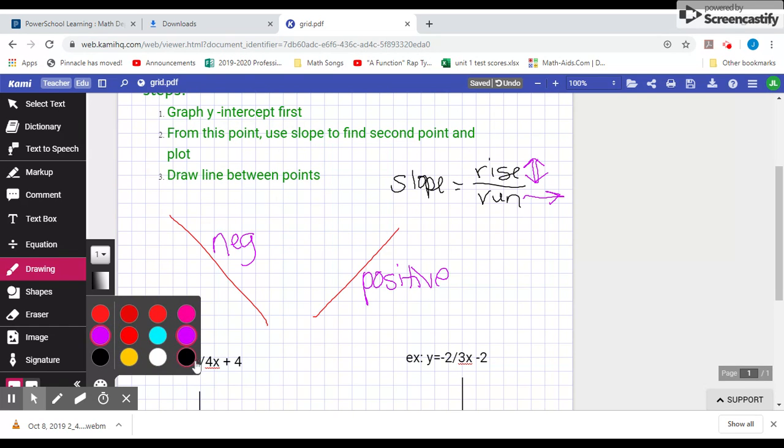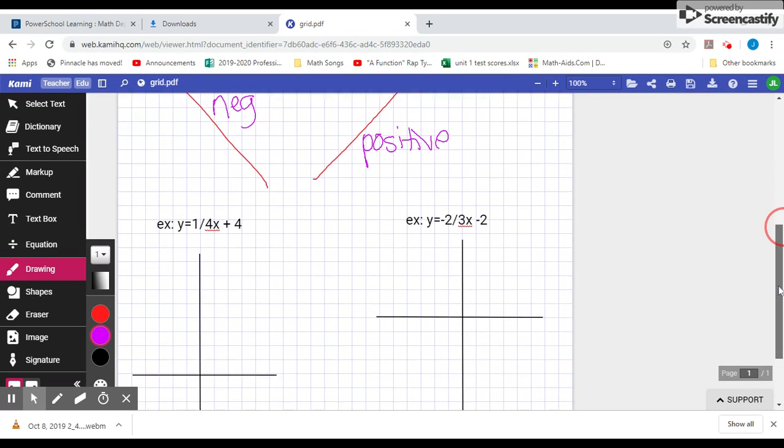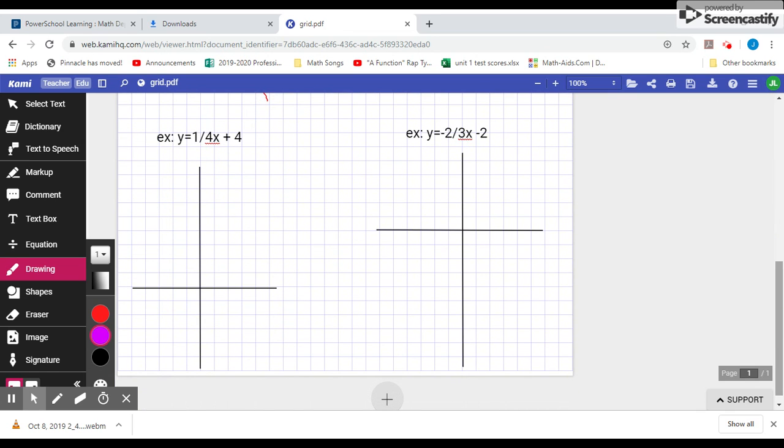If you look down here at the bottom at these 2 examples we're going to go through, I can tell immediately that because the first one is positive, I should have a line that is tilted this way. And because there's a negative sign for the second example, I know I'm going to have a line that is tilted in this direction. So immediately we can tell that without having to graph anything. So let's look at these examples.